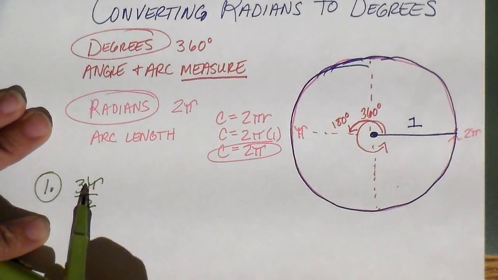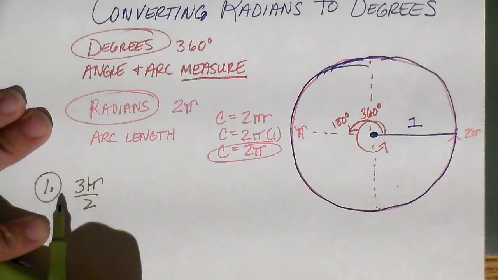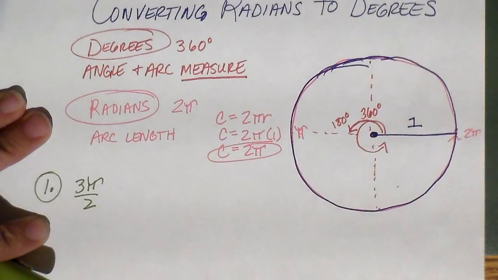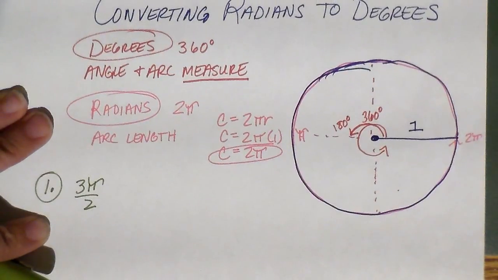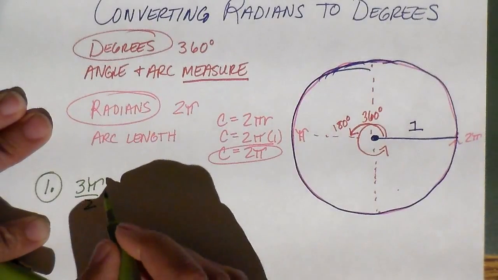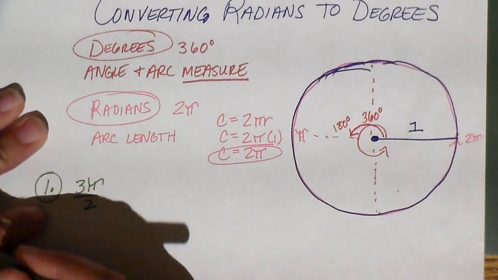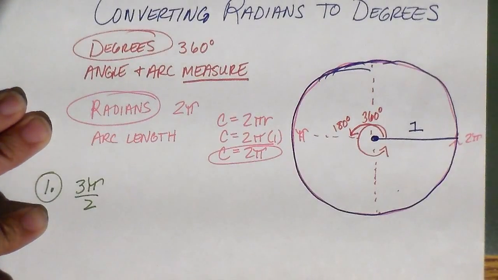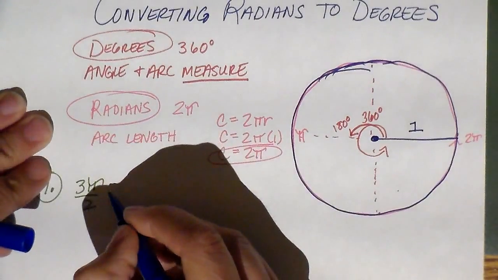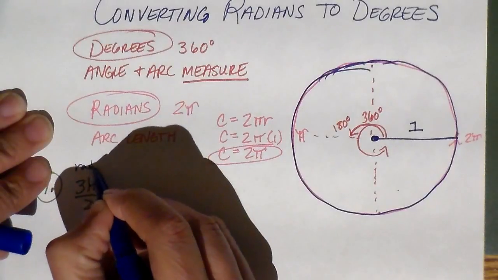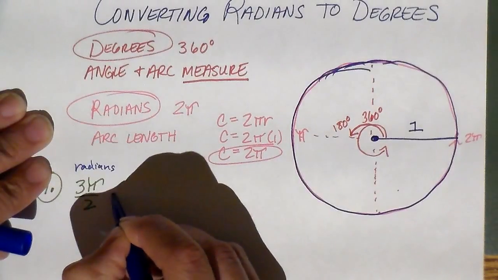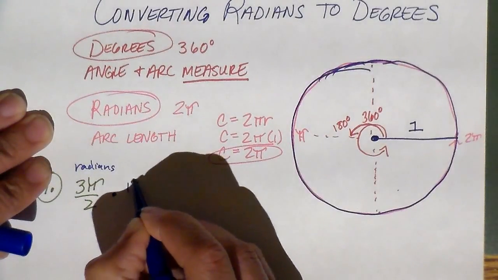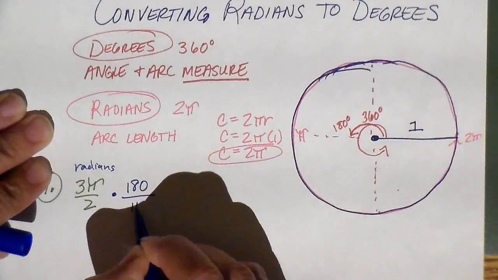If the circumference I'm looking at with a radius of 1 is 3 pi over 2, how many degrees is that? Well, let's look. The way that you convert is you multiply radians by the factor 180 over pi.